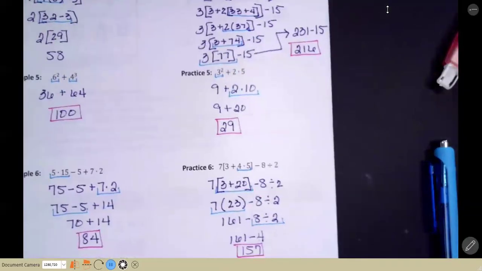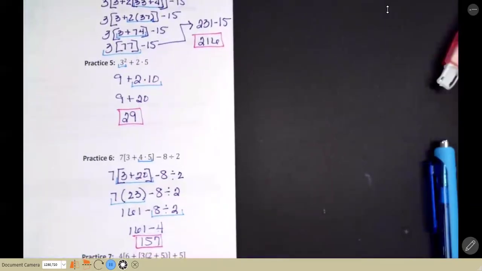Okay, so here is practice 6. Any questions on that?